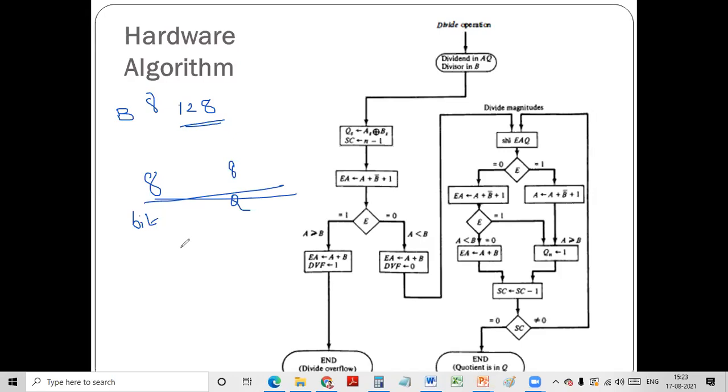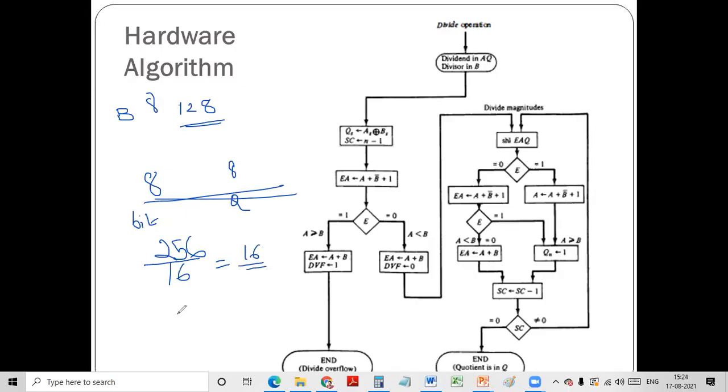Consider this to have a larger division: 16 by 16.